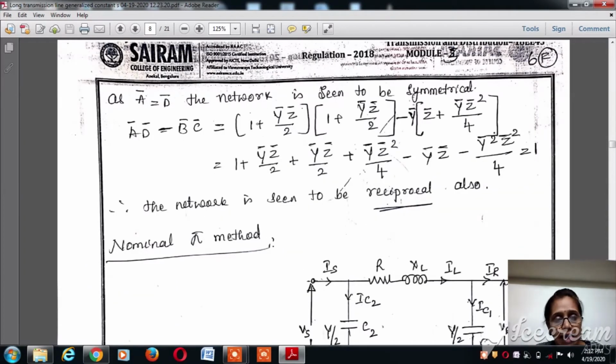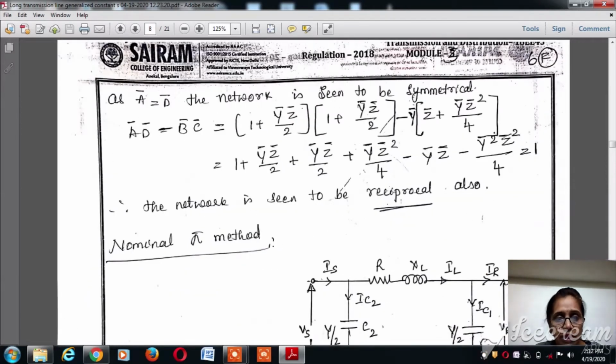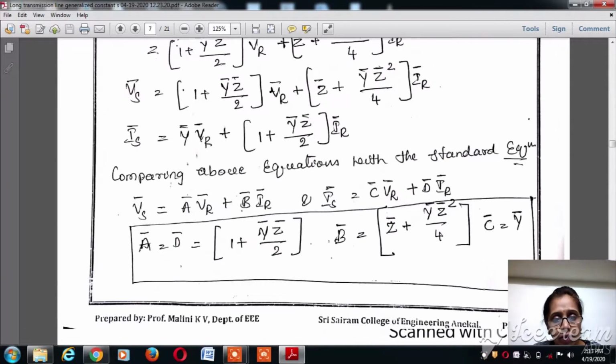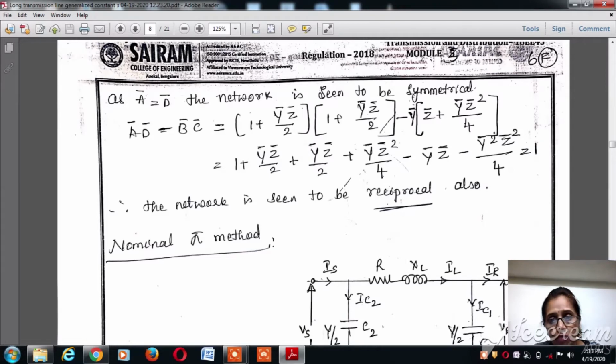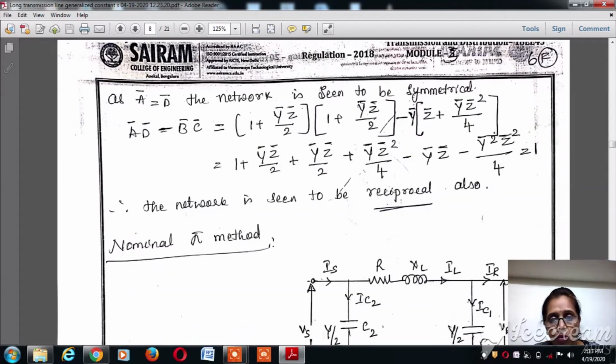Now after this, as we can see here that A is equal to D, so the circuit is said to be symmetrical, and let's find out the condition for the reciprocity of the network. AD minus BC is equal to A, which is 1 plus Y into Z divided by 2, into D, again 1 plus YZ divided by 2, minus B, which is nothing but equal to Z plus Y into Z square divided by 4, and C is nothing but equal to Y. So multiply this and then simplify the equation.